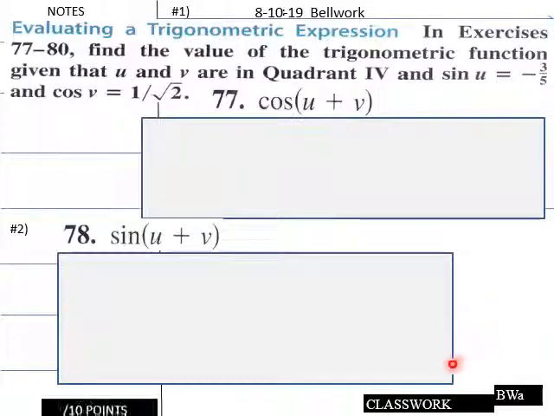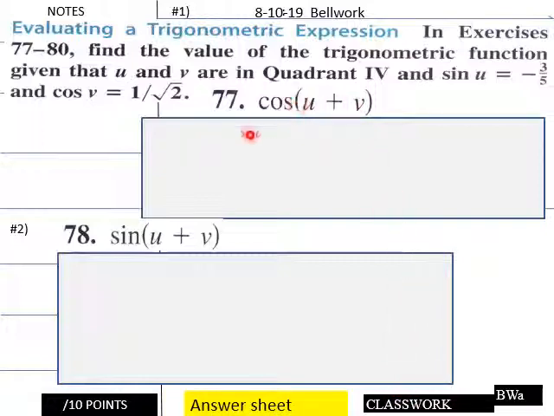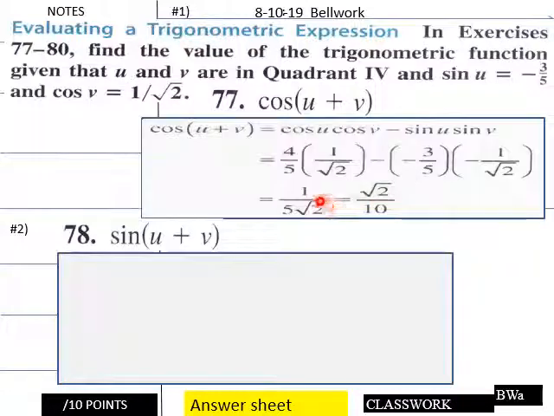Okay, everybody, welcome back for today's bellwork solutions. We have cosine u plus v with these values of u and v. Cosine u plus v is the same thing as cosine u cosine v minus sine u sine v. When we plug in, we end up with 1 over 5 times radical 2, which eventually equals radical 2 over 10.